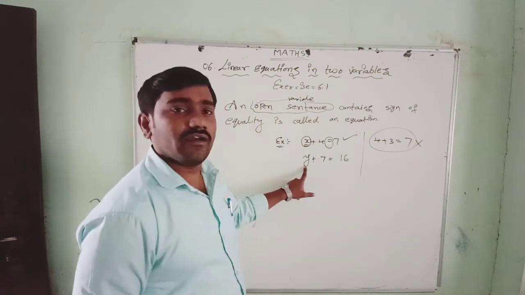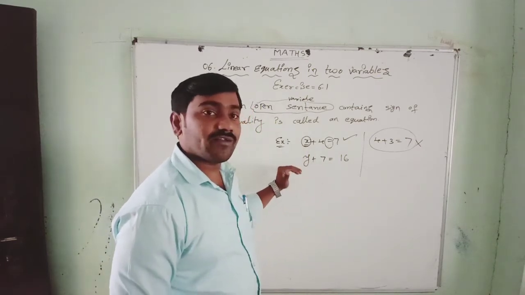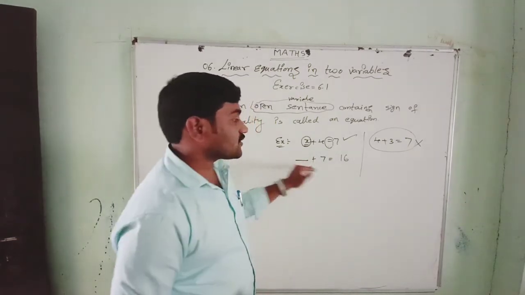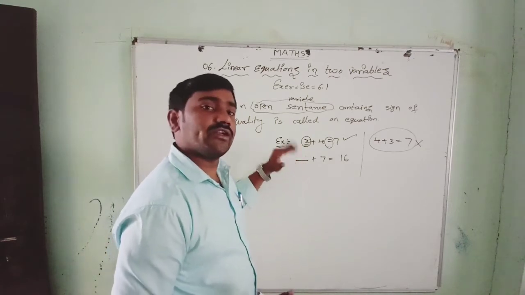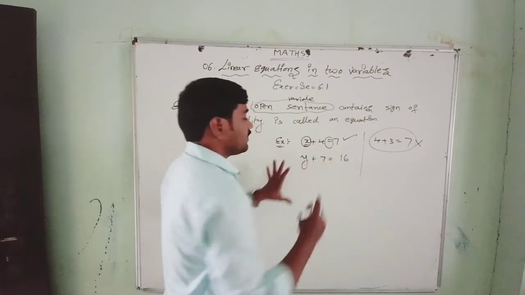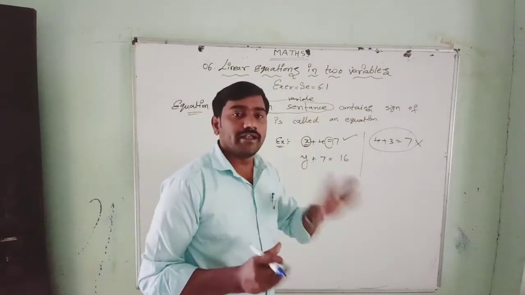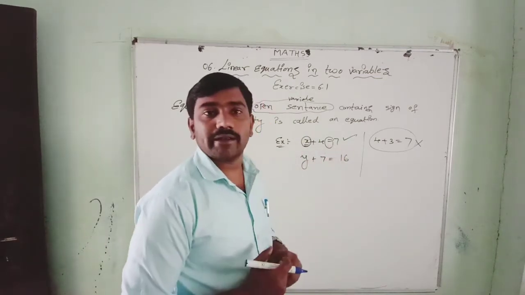Here is a variable, here is an open sentence. y is nothing but an open sentence, an unknown term, nothing but a blank. It is also an equation. Here you can substitute 1, 2, 3, 4, an infinite number of numbers in the place of the variable or blank. But there is only one chance to make this statement correct.